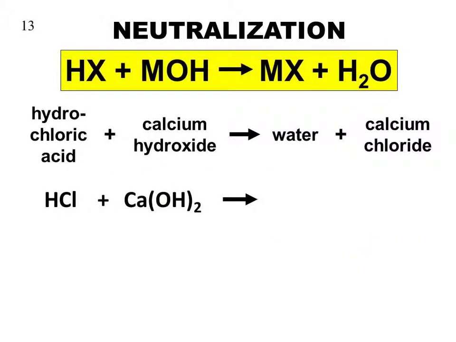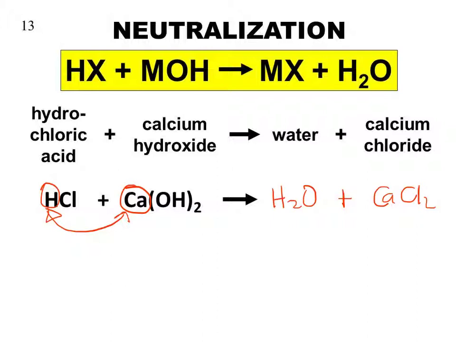So in this example, you have hydrochloric acid reacting with calcium hydroxide. And all we're going to do is look at the hydrogen and the calcium, and they should swap places. So you should end up with H2O plus calcium chloride.